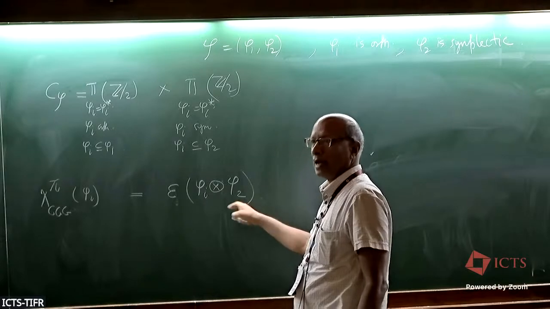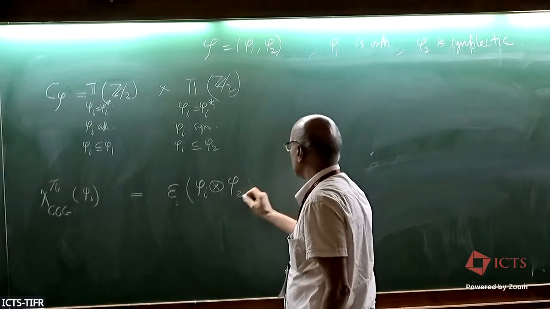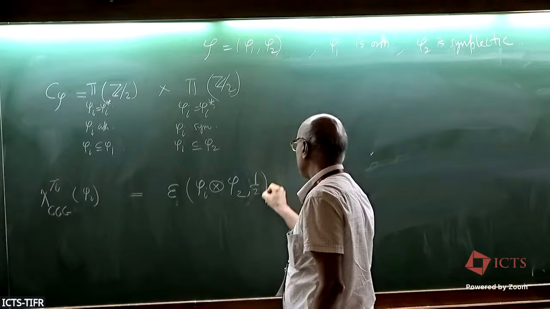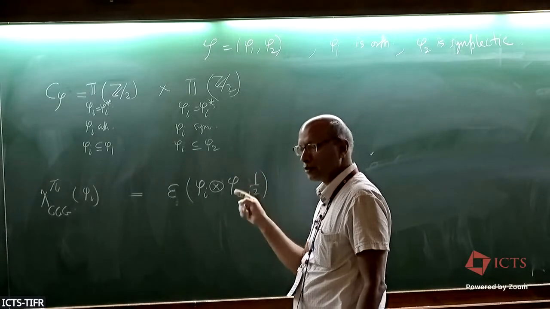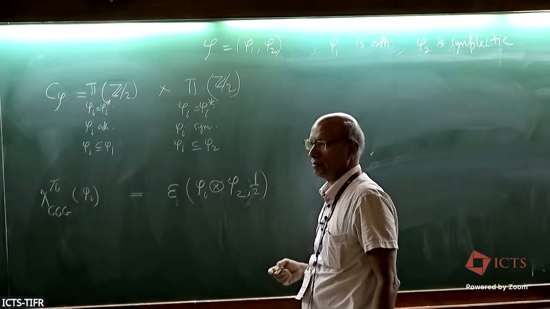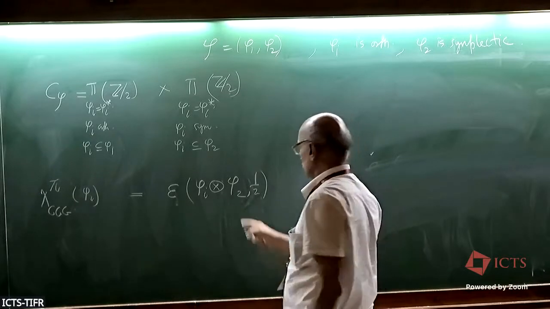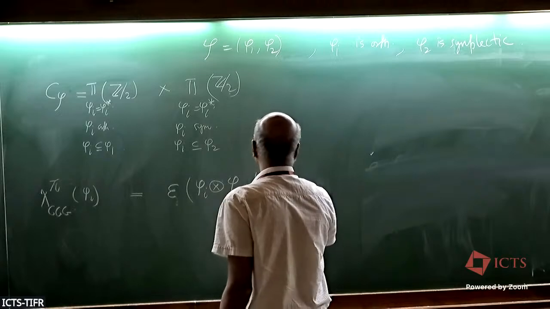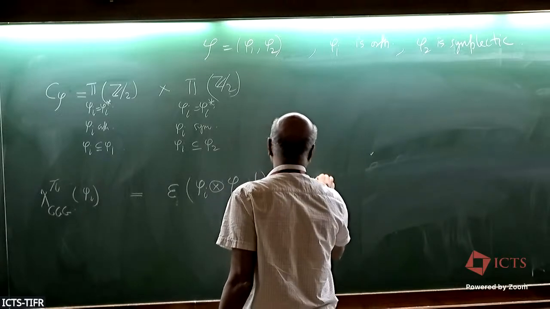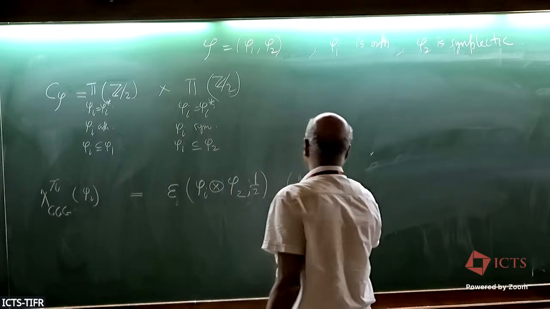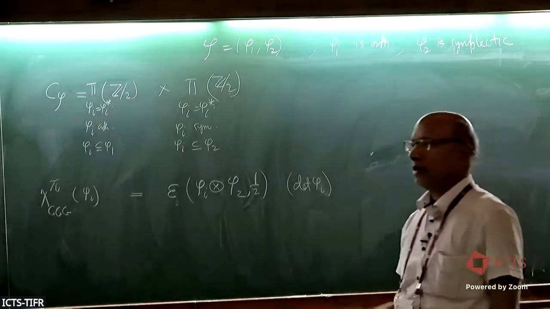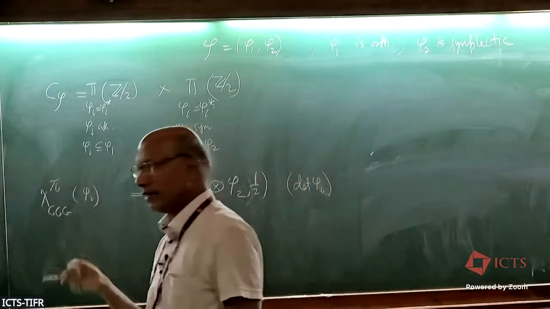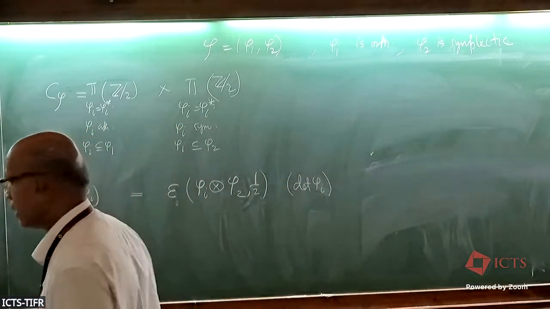One knows that the epsilon factor of a symplectic representation at half is plus minus 1 and independent of the choice of the additive character. So this is good. And then one puts a determinant of phi I. So phi I is an orthogonal representation, and an orthogonal representation has a determinant which may not be trivial.